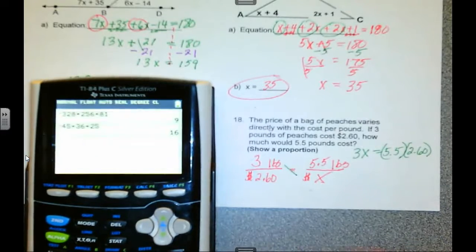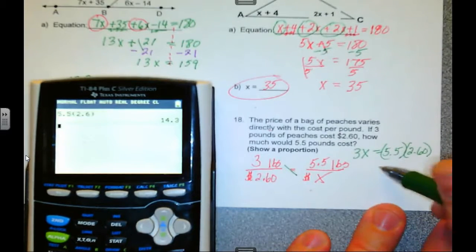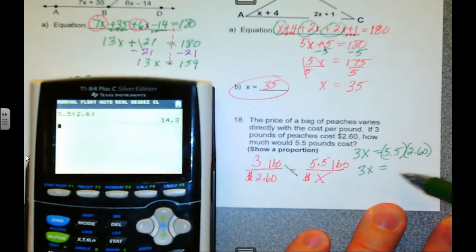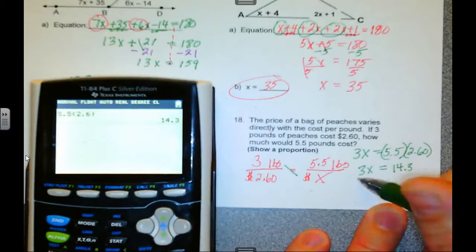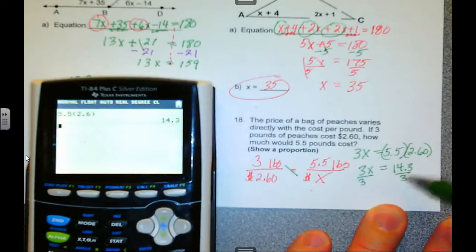Here's your handy dandy calculators. Let's see, 5.5 times 2.60 gives me 14.3. Divide by 3.